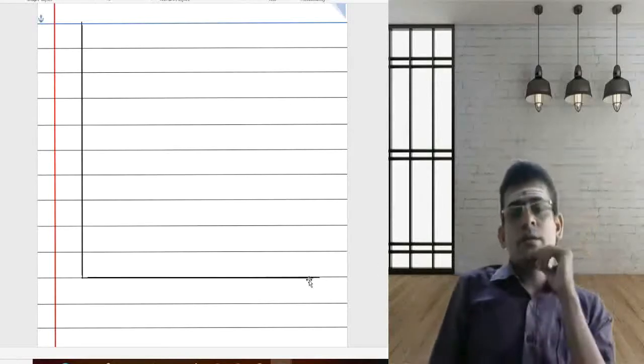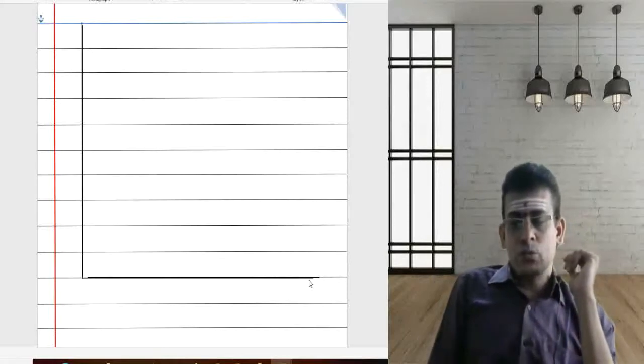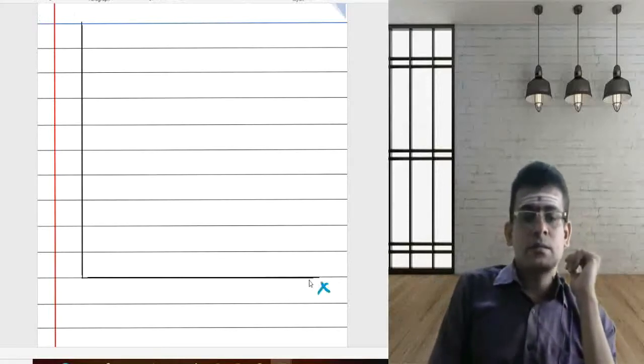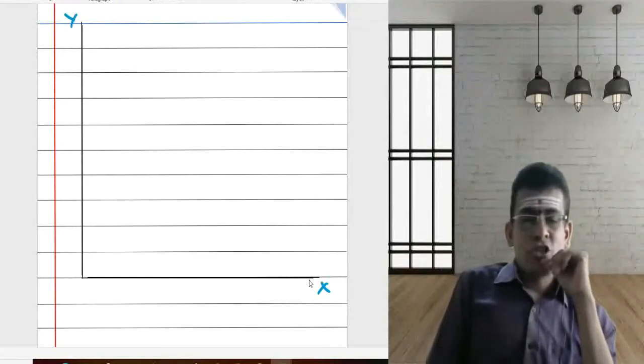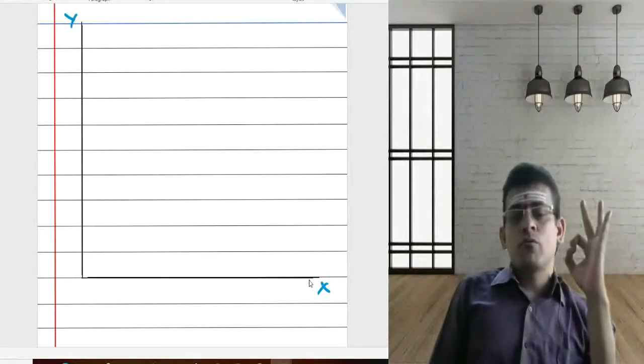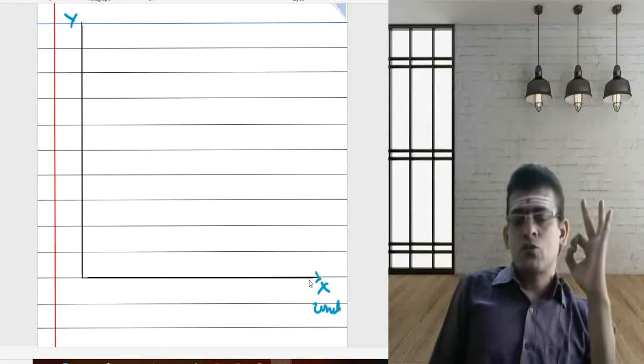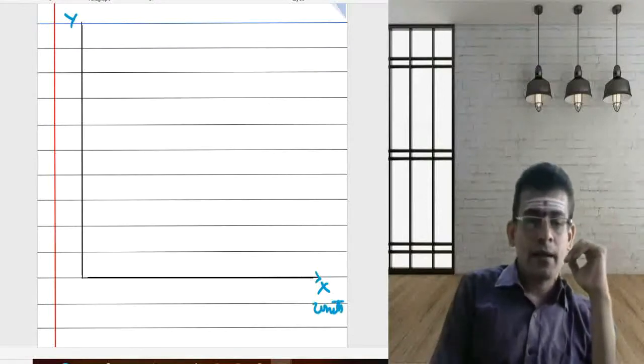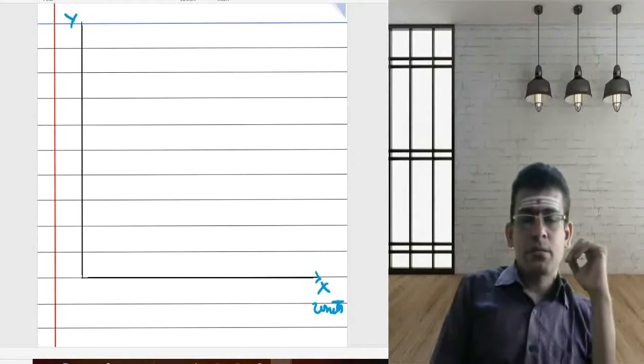Let us consider this as your x-axis and this as your y-axis. Fundamentally, we know clearly that the x-axis represents units and the y-axis represents the cost.